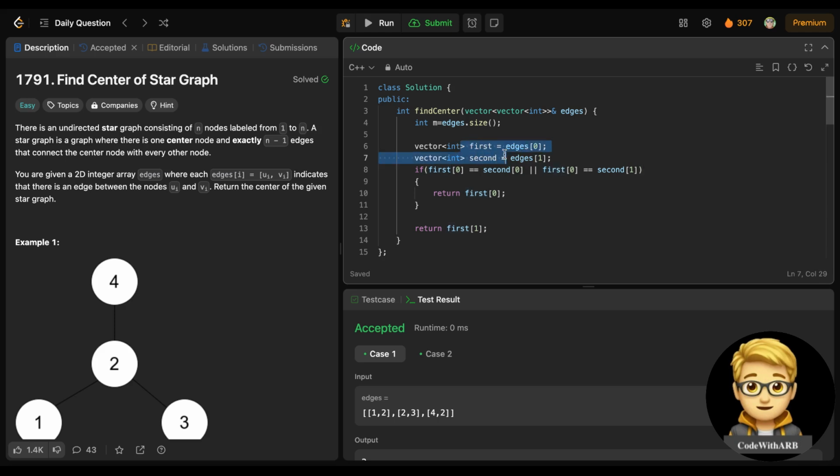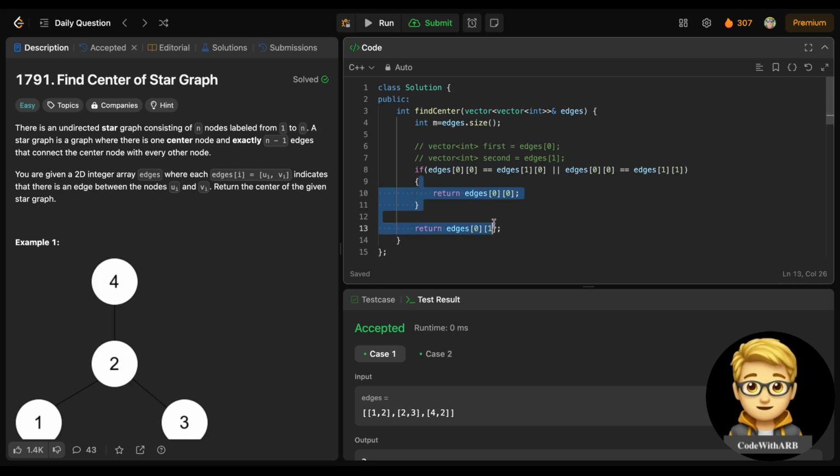Instead of taking the vector, you can just write it like edges 0, right, in this and in this also, and you can replace it with edges 1 if you don't want to take an extra variable, right?